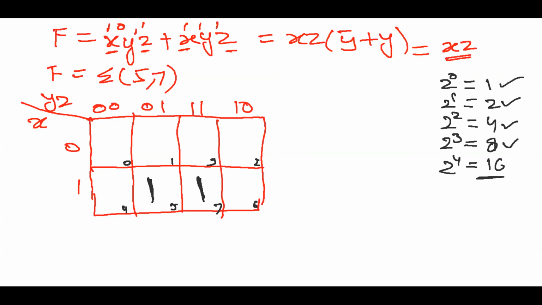The grouping you make should always be a power of 2, which I just mentioned. It should be 1, 2, 4, 16, 32, and so on. It cannot be any other. The second rule is that you always try to have a larger group. Do not settle for a group of 1 or a group of 2.